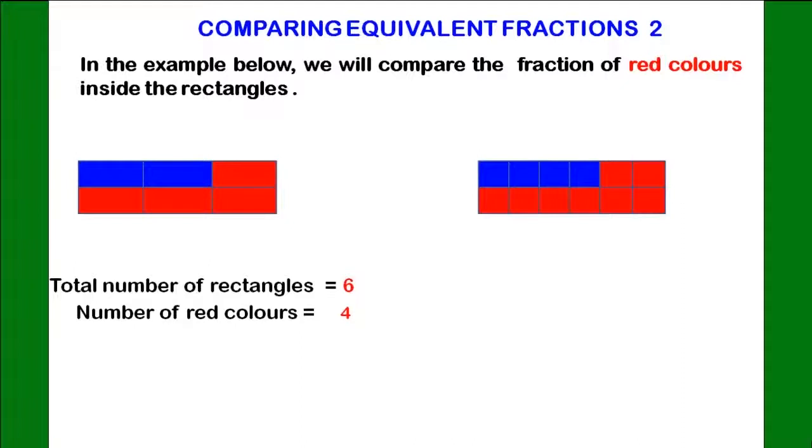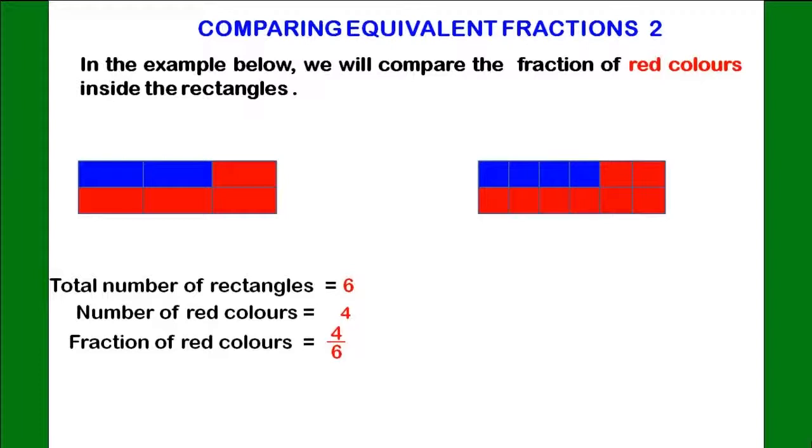Since the fraction of the red colored part of this rectangle is equal to the number of parts that are colored red over the whole part the rectangle was divided into, hence, the fraction of the red color parts for the first rectangle equals 4, that is, the parts colored red, over 6, that is, the total number of parts the rectangle was divided into.